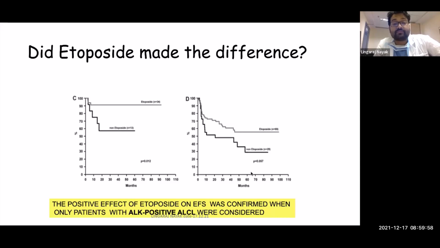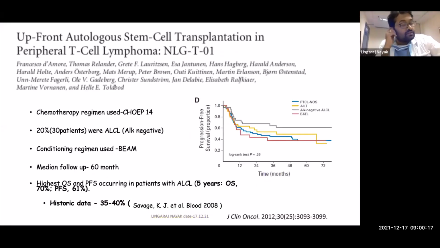From this paper, it seems that it is not helping much. But in the ALK positive group, this paper has definitely shown that if you add etoposide to CHOP, it improves event-free survival, and that's how CHOEP became a kind of de facto regimen, mostly for ALK positive ALCLs.